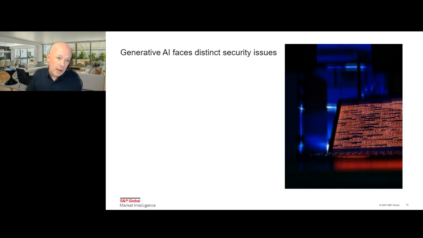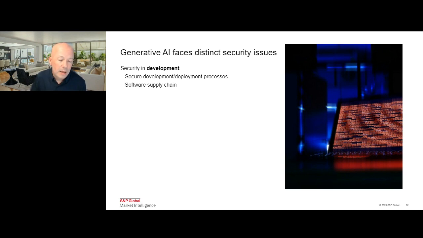Generative AI faces and produces distinct security issues compared to any other form of AI and ML we've come across before. There's security in the development process, which is fairly standard in terms of other forms of AI, both in the development and deployment process, but also in the software supply chain, where you're thinking about open source and other areas like that.